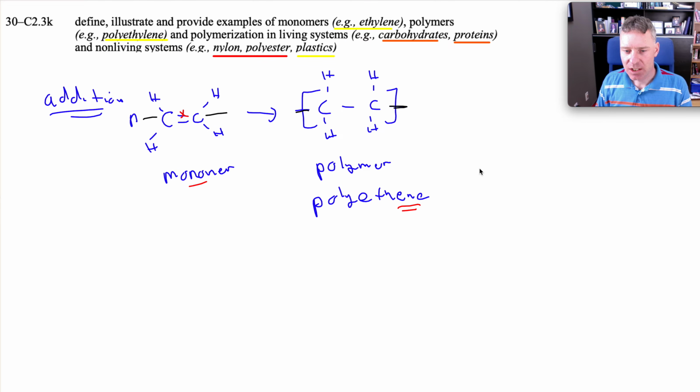Now this isn't a testable thing, but these are your number 2 and number 4 plastic codes. Okay. And to make them sound better, often everyday society uses slightly different names. So polyethylene is the common name, but polyethene is the IUPAC name that you have to know. So that's the yellow addition polymers.